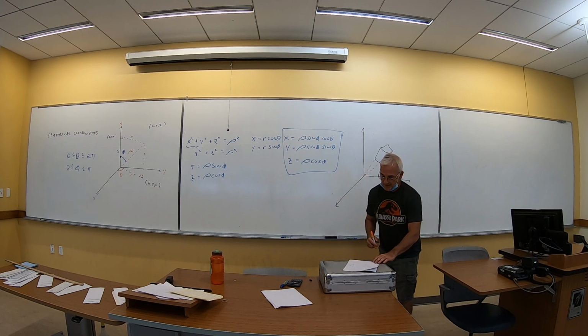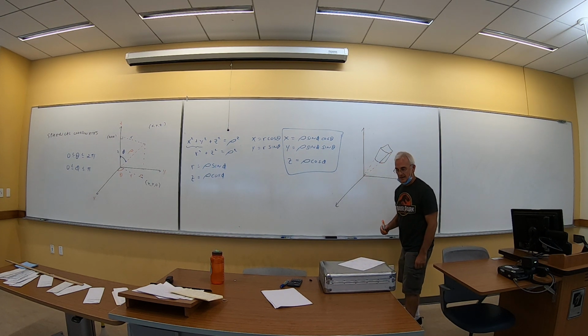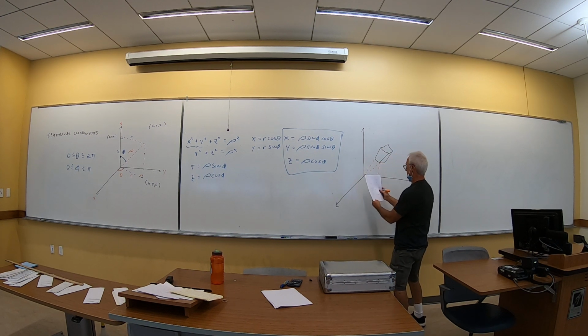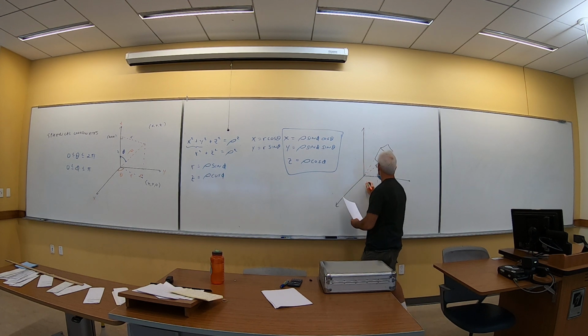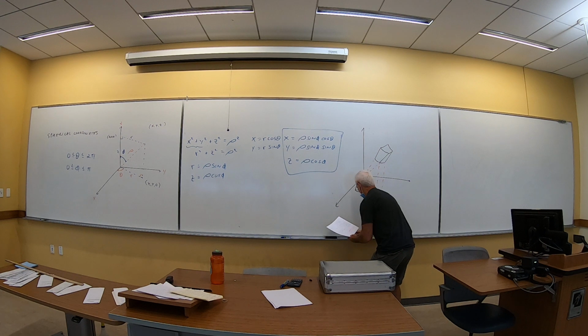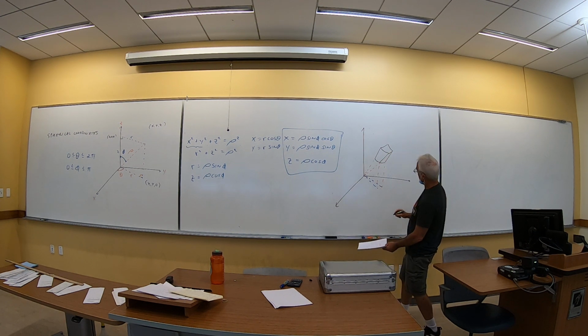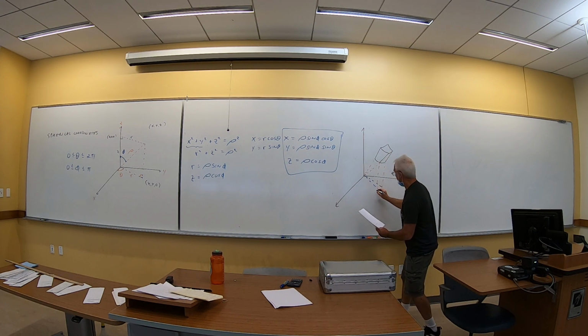Well, if I take this and I go straight down, I drew it for myself so I can make it look like something here. Yeah, that's about right. This translates to there.